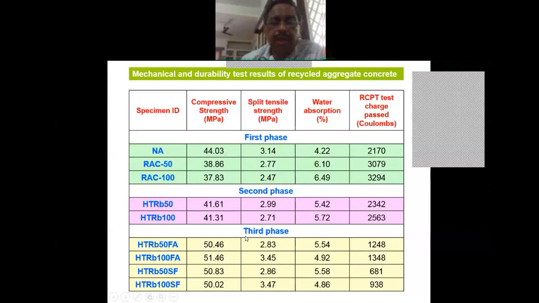So when we went into the third phase, with 5% silica fume and 10% fly ash added to the concrete as a replacement of aggregate, you can see a drastic increase in strength, and improvement in chloride permeability, because fly ash concrete has better chloride permeability, and you can find it in silica fume concrete also. Water absorption is also a little higher than the original, but you can take it as a closer value. But there is a definite improvement in strength and chloride permeability.